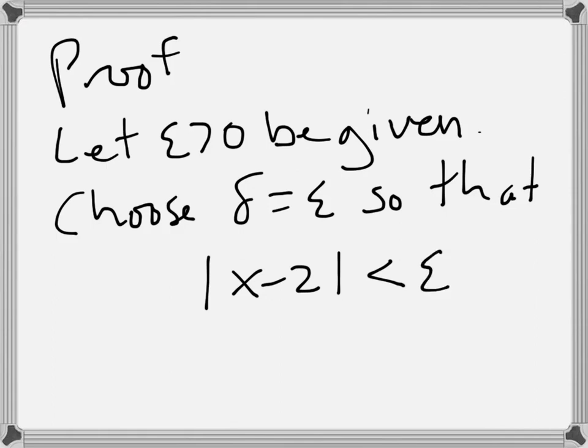So it's less than delta, but delta and epsilon are the same. So I can start here, and now I need to change this expression to f of x minus L.